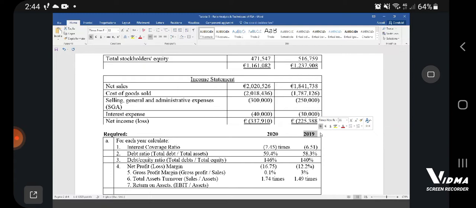So whenever you have the possibility, prefer average values, or when the exercise in the exam specifically tells you to base your calculations on average values, follow those instructions. But if it is not mentioned, try to have the benchmarking of comparison to the previous year. That is, base your calculations on the ending values or the closing balances, okay?